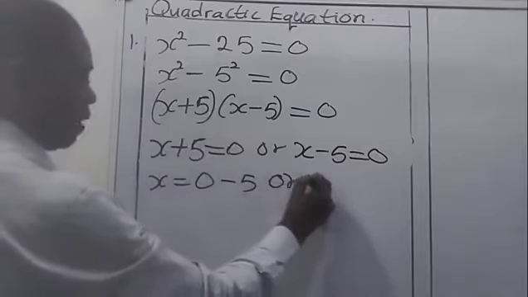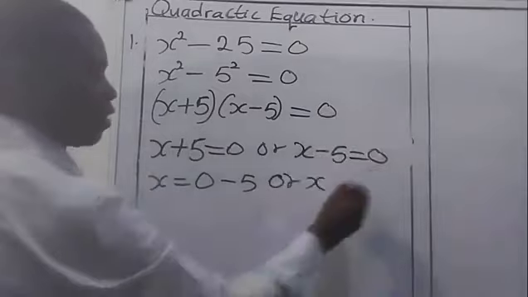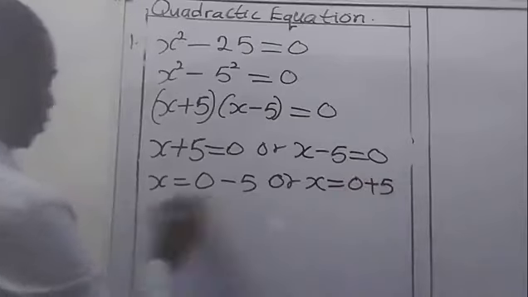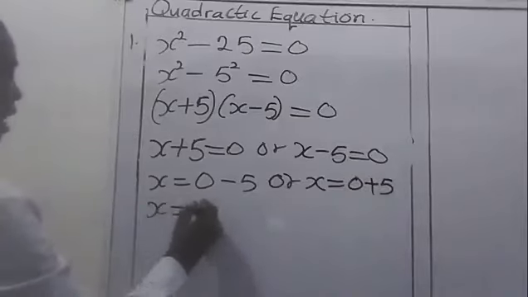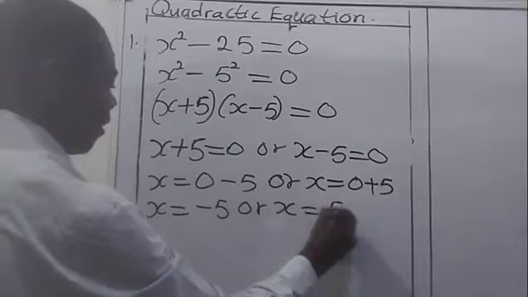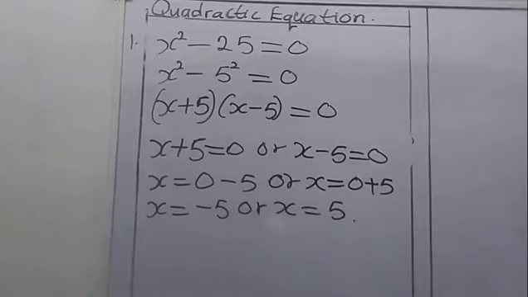Or taking negative 5 to the other side, x is equal to 0 plus 5. So therefore, x is either equal to negative 5 or x is equal to 5. These are the two solutions to the values of x.